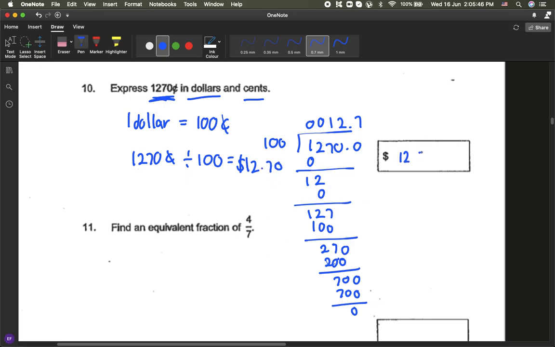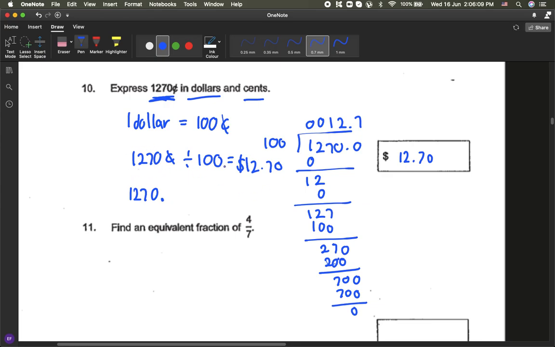So that's our answer. Now another solution that we can provide, which is also quite fast, is just by moving the decimal place. So we know that it's divided by 100, right? And since it's 1,270 cents, the decimal place is here because this is the whole number, correct?